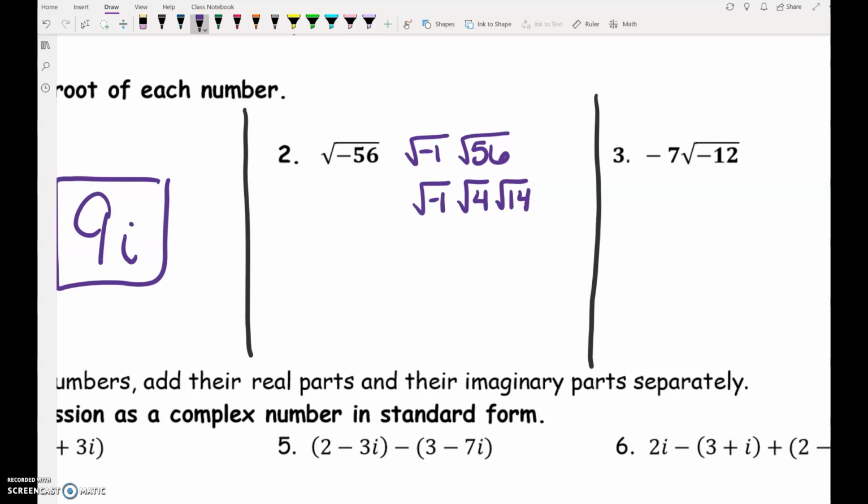So I have the square root of -1, the square root of 4, and the square root of 14. What is the square root of -1? i. Square root of 4, 2. Square root of 14, we can't simplify that anymore. We have these three things, i, 2, and square root of 14. The correct way to write this is 2i square root of 14.